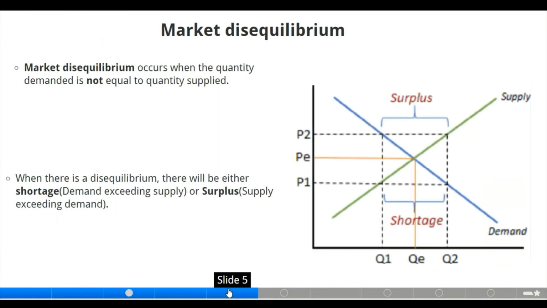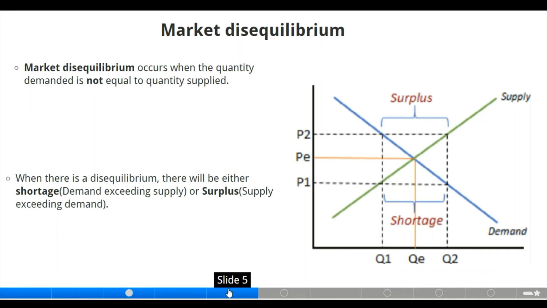Moving to the next slide, we have market disequilibrium. We have talked about market equilibrium, now we move to market disequilibrium. Market disequilibrium occurs when the quantity demanded is not equal to quantity supplied.